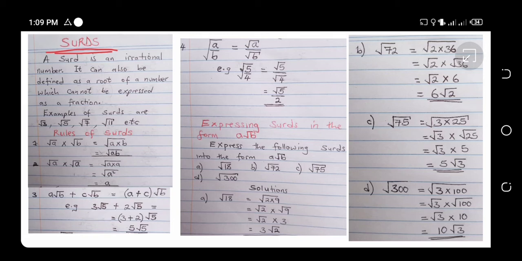It is a common factor here, because this is addition. So if you are to simplify it, pull out the common factor, which is root of 5, and inside the bracket you remain with 3 plus 2. So therefore 3 plus 2 gives us 5, and then times root of 5.